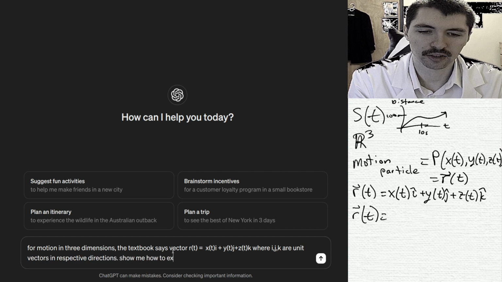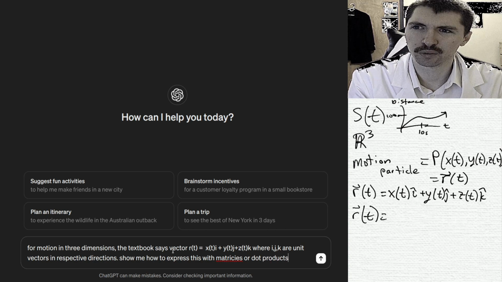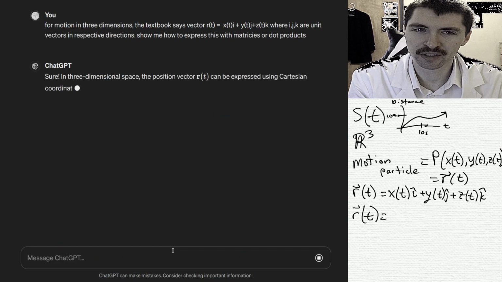Show me how to express this with matrices or not. If you remember from our chapter 2 vectors, dot products were a big thing. Dot products are basically the sum.